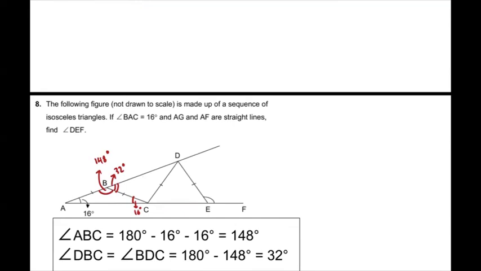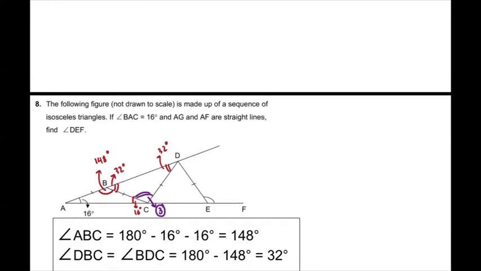Okay, it's a series of isosceles triangles. So this means that this part here is also 32. Which now comes to my next part. You would be able to find angle BCD. This is step number 3.